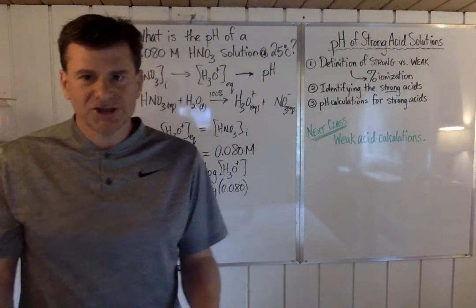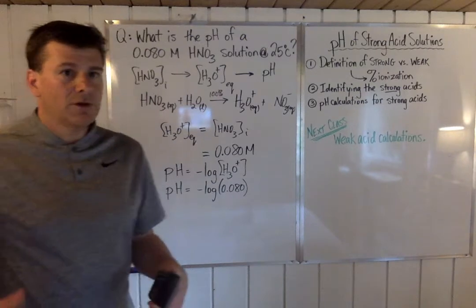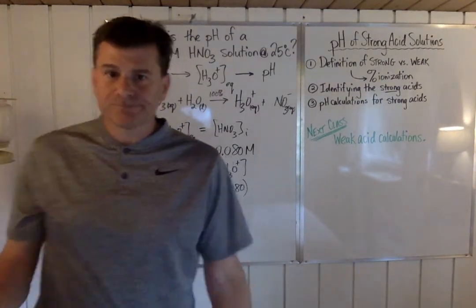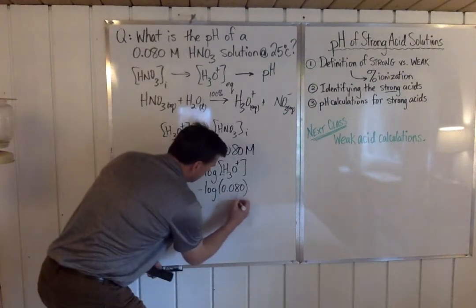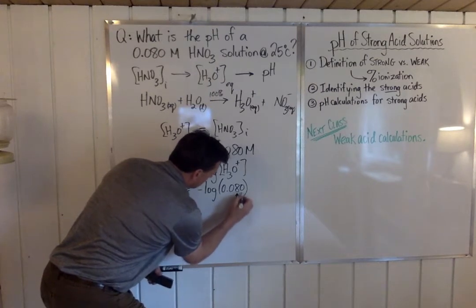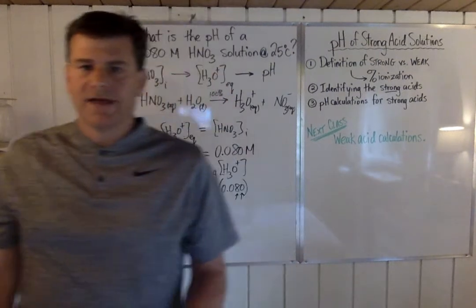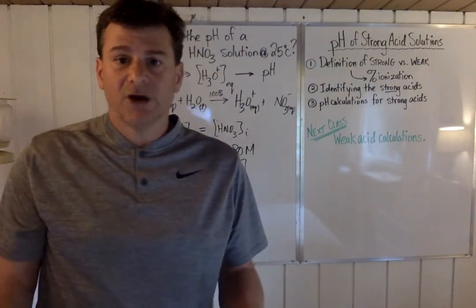So the concentration uses the sig fig rule that you knew back in Chem 11. How many sig figs does 0.080 have as a concentration? Leading zeros don't count. So the 8 is a sig fig, and so is the trailing 0 on that 8. So this has 2 sig figs. So I get 2 sig figs on my pH.